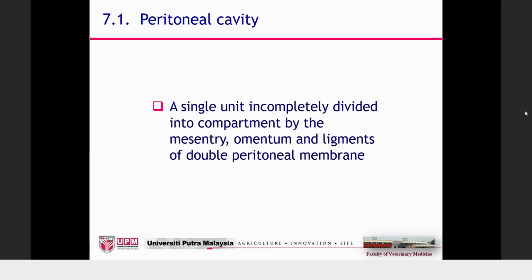Okay, so when you want to appreciate this peritoneal membrane, you really need to be very careful when you open the abdominal cavity of the animal. Particularly in ruminants, it is much easier. You open very carefully, and you see a very thin membrane, like a balloon.